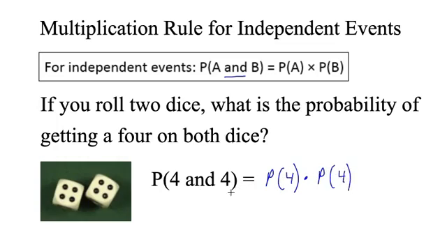Now, we're allowed to do this because what we get on the first die doesn't affect what we get on the second die. They're independent. All right, well, the probability of rolling a 4 is 1 out of 6. And the same thing on the second die. And when we multiply two fractions, we multiply across the top and across the bottom. So the probability of getting 2 4s equals 1 out of 36.